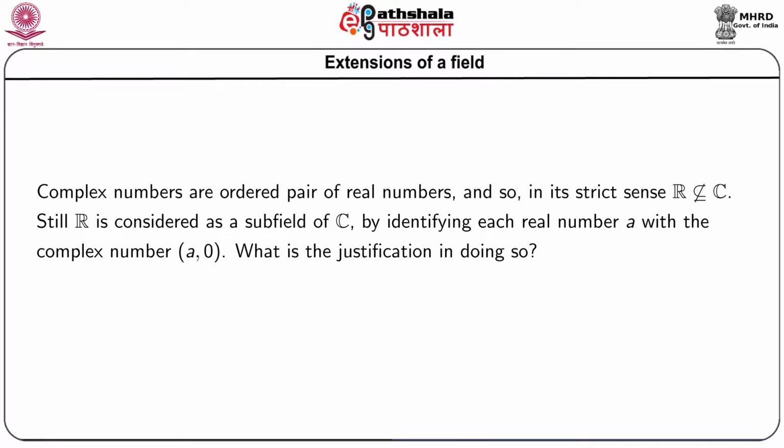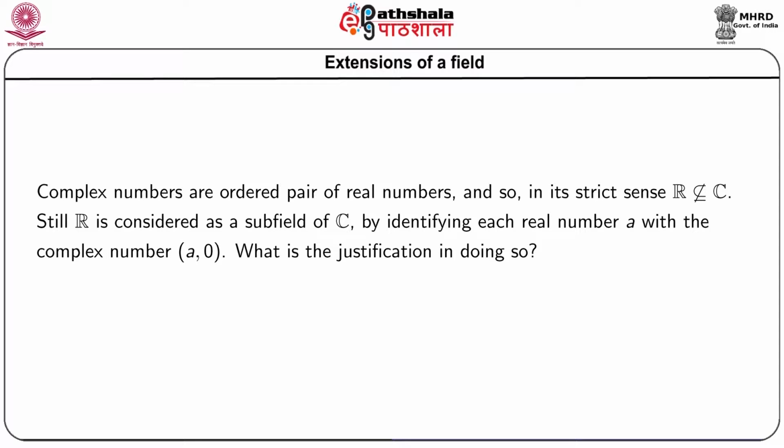Thus, if alpha is a complex number, then it belongs to the Cartesian product R cross R, and so in its strict sense R is not a subset of C. Still, the field of real numbers is considered as a subfield of the field of complex numbers C by identifying each real number a with the complex number (a, 0).